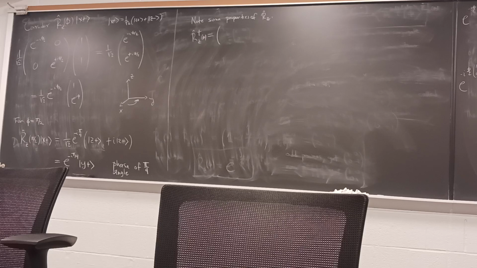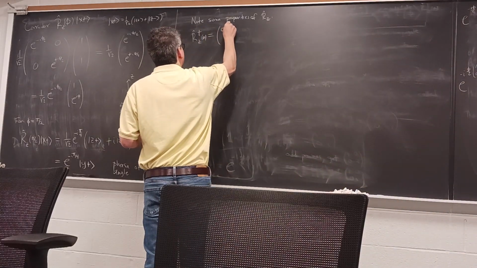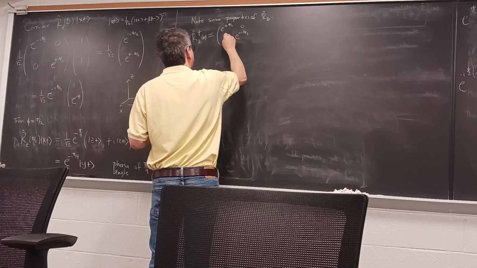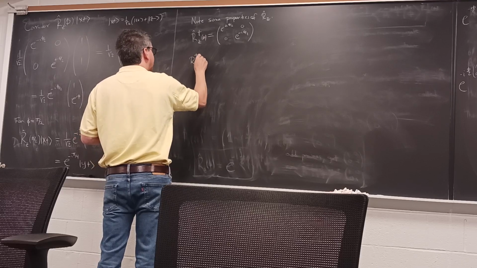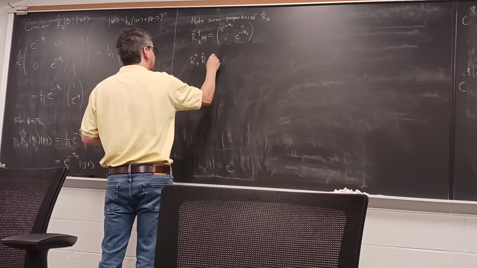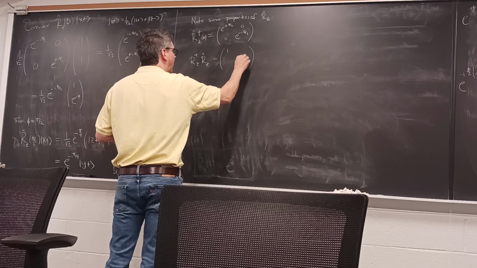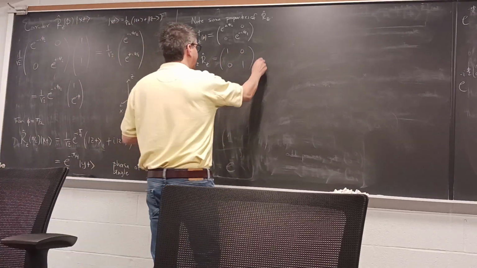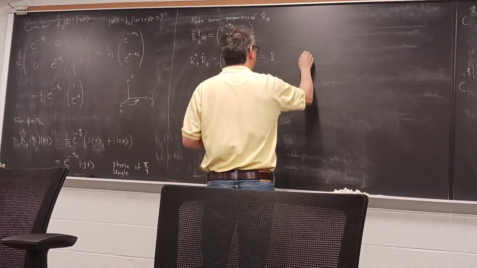So the only thing I get from the dagger is the conjugate, which just changes the sign. So this will be e to the plus i phi over 2 and e to the minus i phi over 2. So if we calculate R dagger z times R z, then we will just get 1, 1. That's the unit matrix, and this is called being unitary.